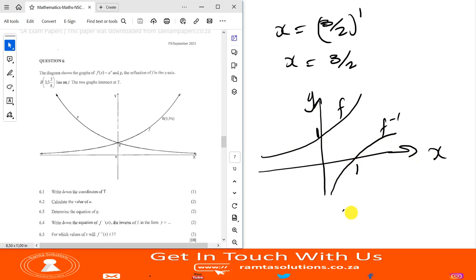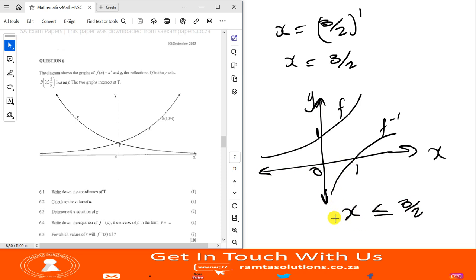So don't just say x is less or equal to 3 over 2. That is not true. When you say this only, it also means you are including the negative x values. But in all honesty, guys, this function does not exist at x equals 0.